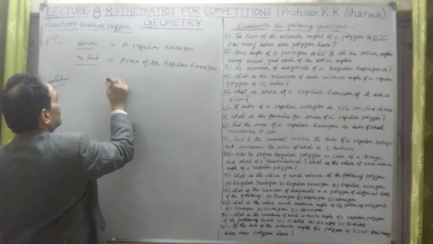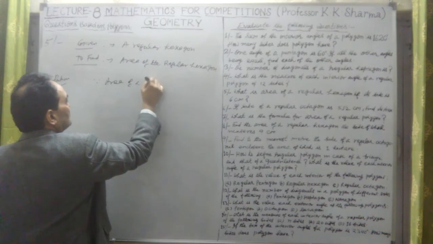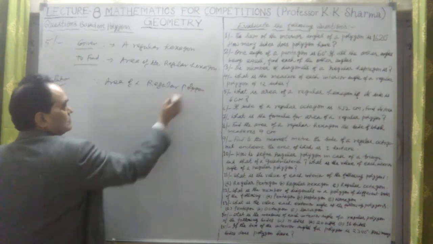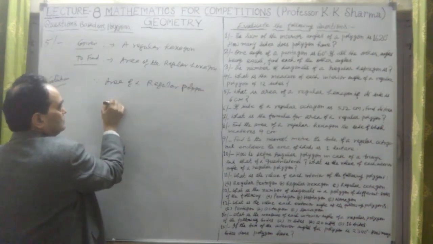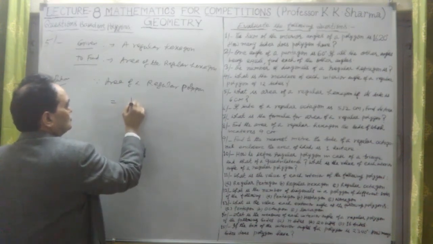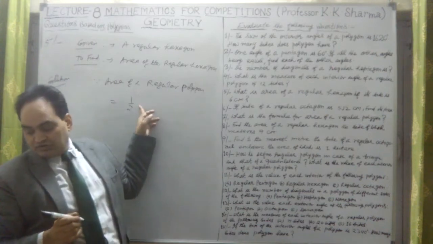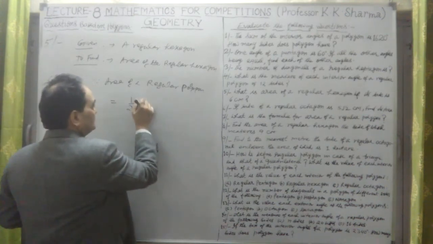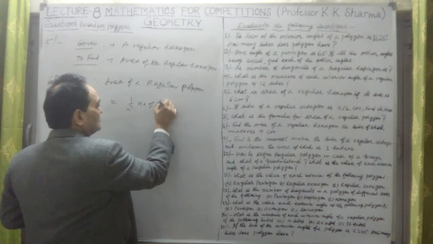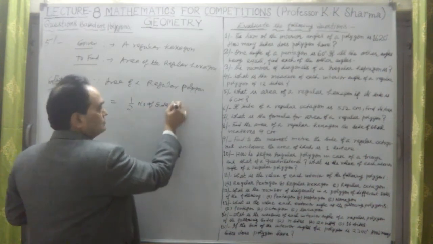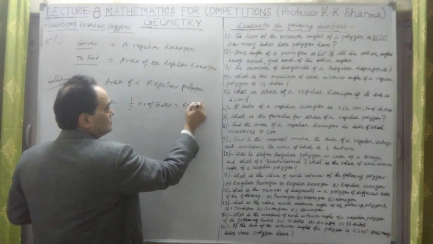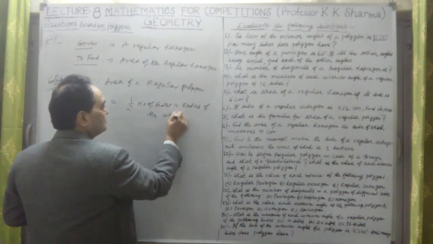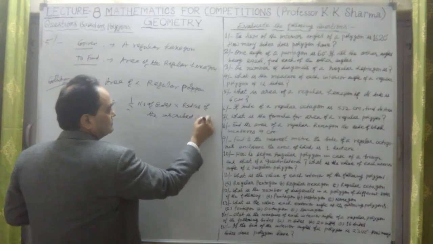The area of a regular polygon is given by 1 upon 2 into the number of sides, whatever the number of sides is, into the radius of the inscribed circle.